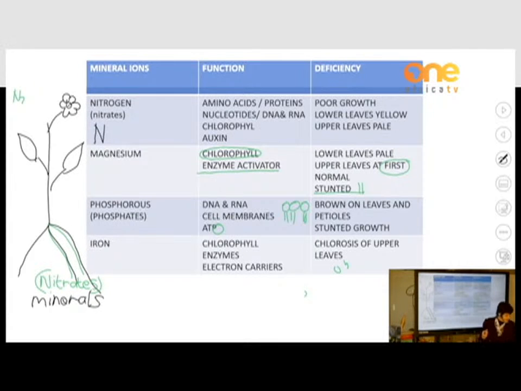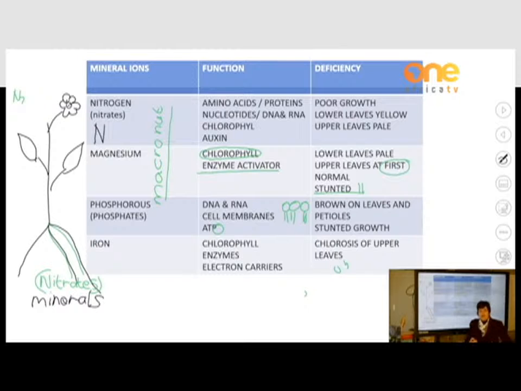Okay, now the nitrogen, the magnesium, and the phosphorus are called macronutrients. Macronutrients means that the plant needs it in large quantities. Now, that's why it's called a macronutrient.